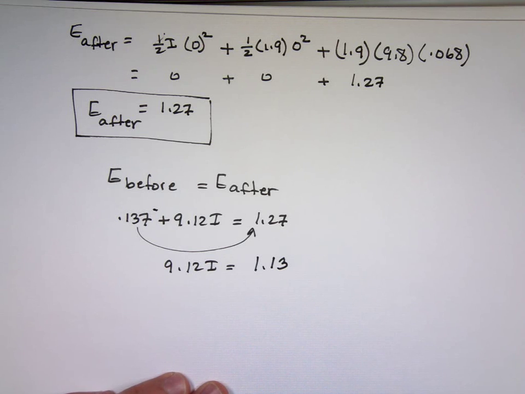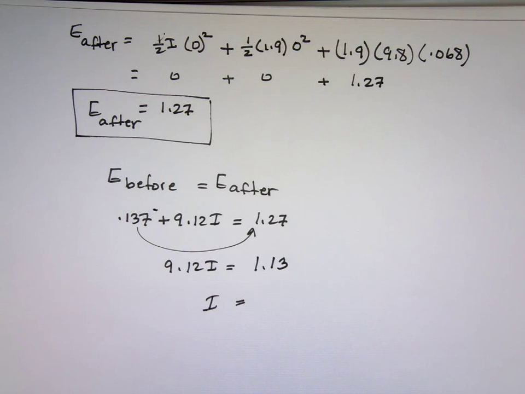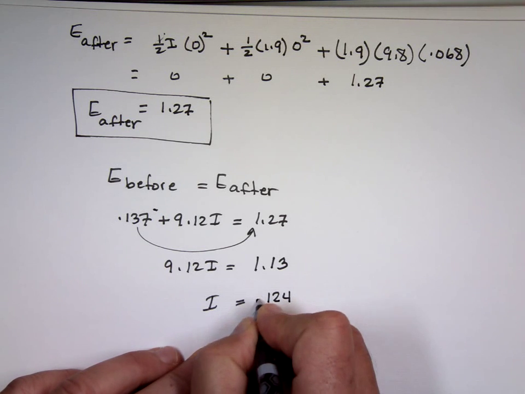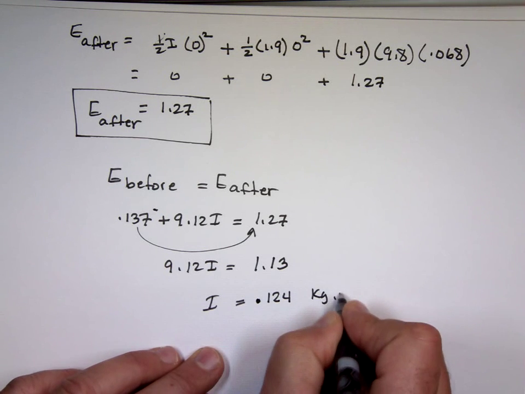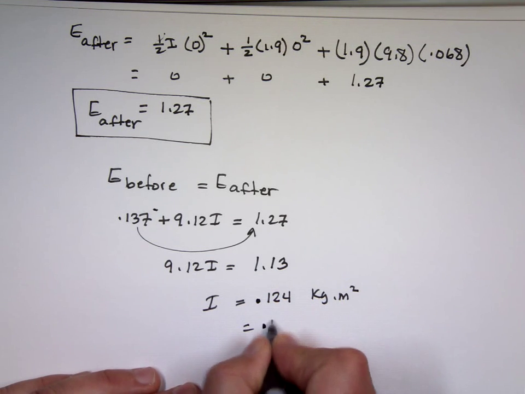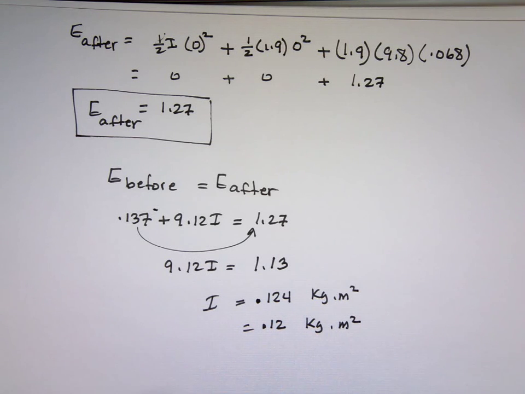I equals 0.124 kilogram meter squared. If you want two significant digits, you can write that as 0.12. It says to use two significant digits. That's what the inertia of that pulley is going to be.